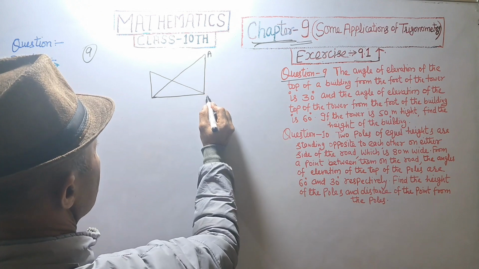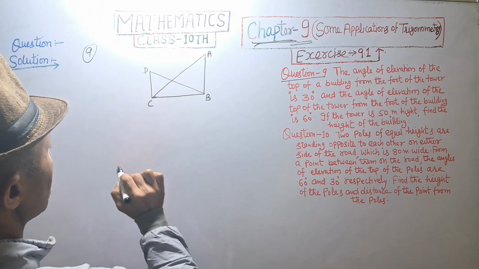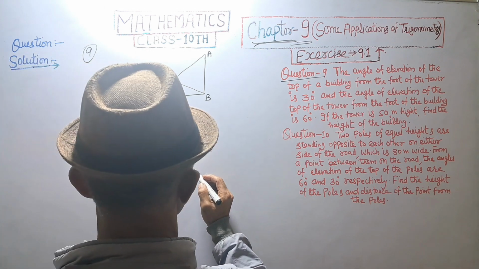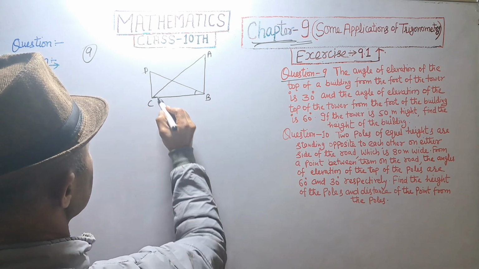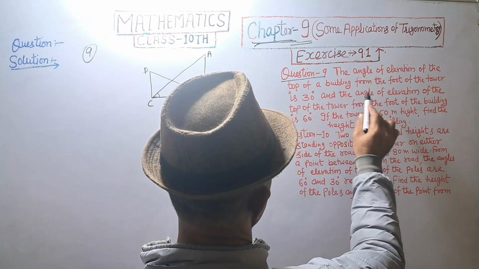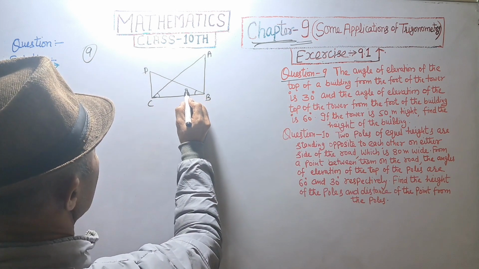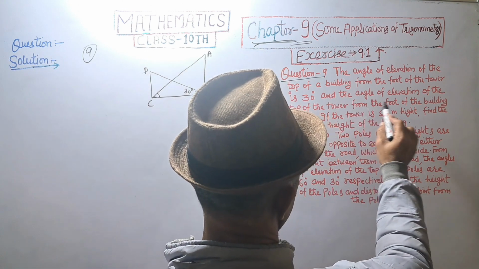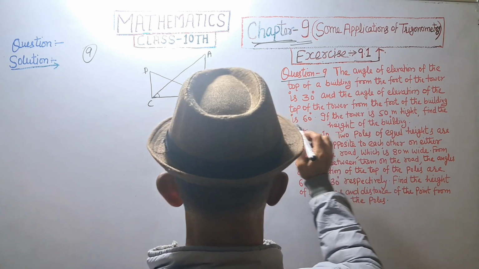Let A, B, C, D. The angle of elevation of the top of a building from the foot of the tower is 30 degrees, and the angle of elevation of the top of the tower from the foot of the building is 60 degrees.